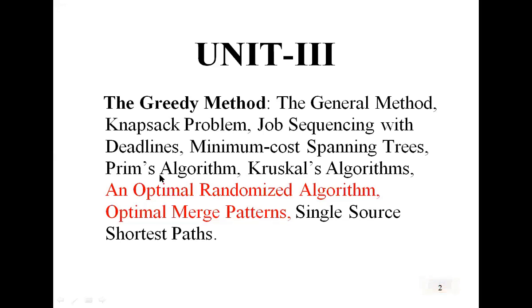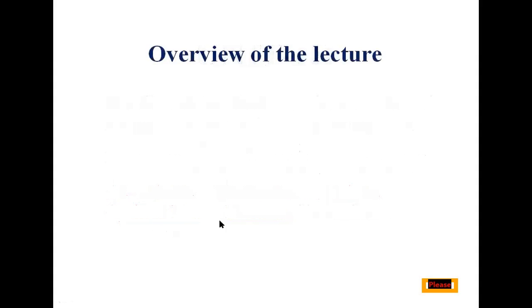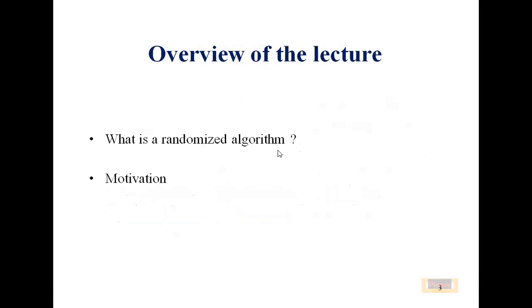Already explained both these algorithms, Prim's algorithm and Kruskal's algorithm, both are used to find the minimum cost spanning trees. So the next topic is optimal randomized algorithm in unit 3. So we have what is a randomized algorithm and its motivation.